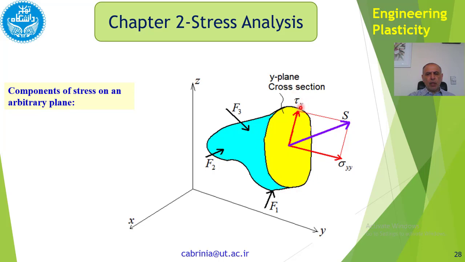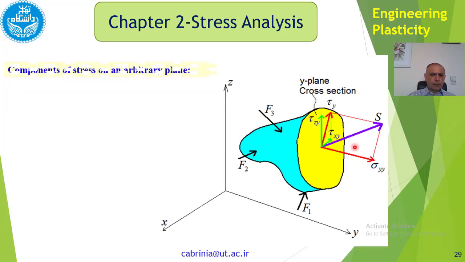Obviously this yellow plane, the y plane cross section, is perpendicular to the y axis. That's why we got this sigma yy perpendicular to the yellow plane. But this is an arbitrary plane because we could get any arbitrary plane and we could have our axes any way we like.